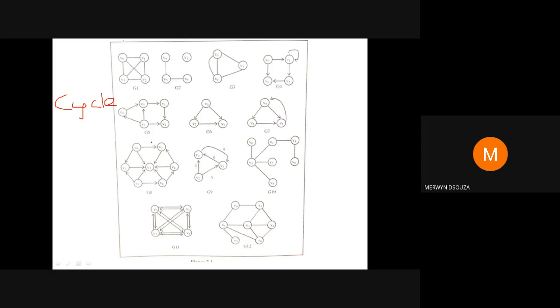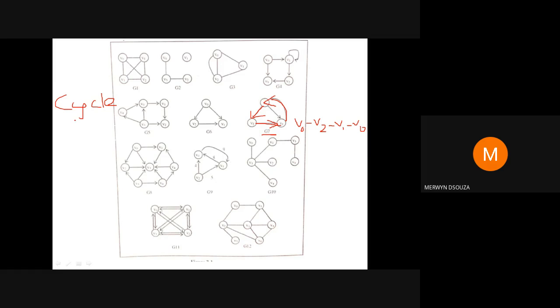You can see in this graph G7, for example, this path will be known as a cycle. V0 to V2, V2 to V1, and V1 to V0.